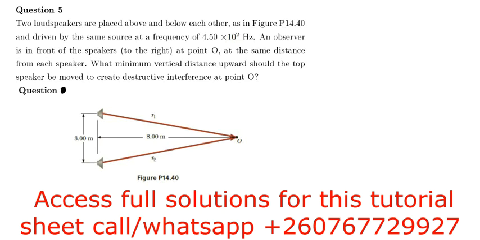An observer is in front of the speaker at a point O, at the same distance from each speaker. What minimum vertical distance upward should the top speaker be moved to create destructive interference at point O?